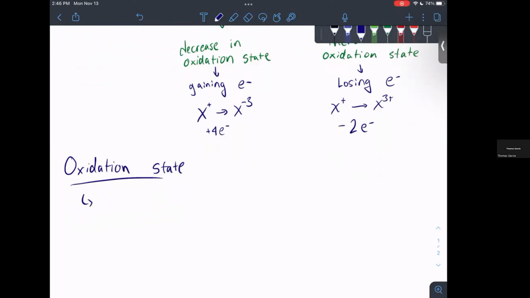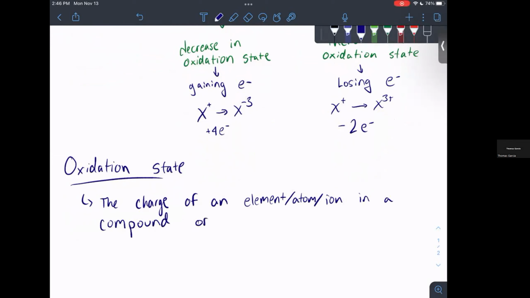So it is the charge of an element or atom, ion, in a compound or alone. So pretty much the charge of an element, atom, ion, whatever you're talking about, either in a compound or alone.